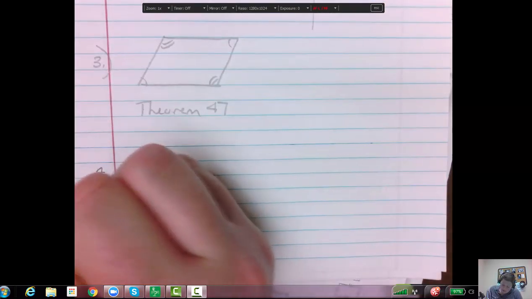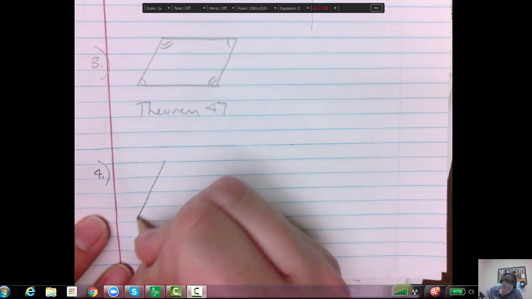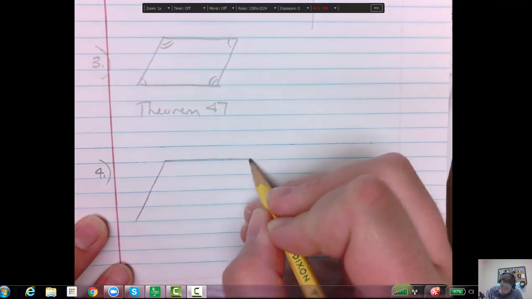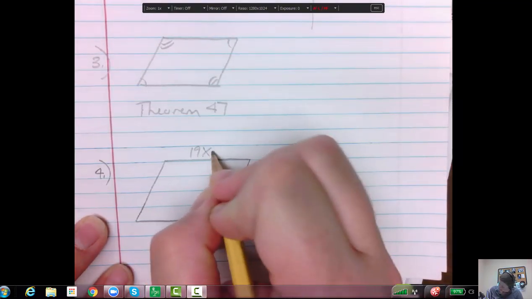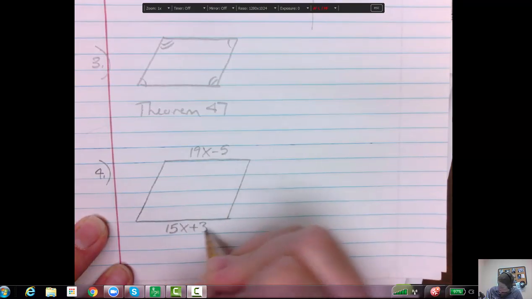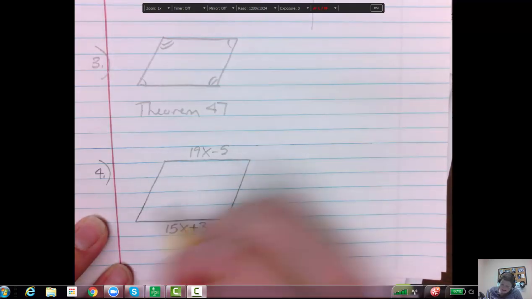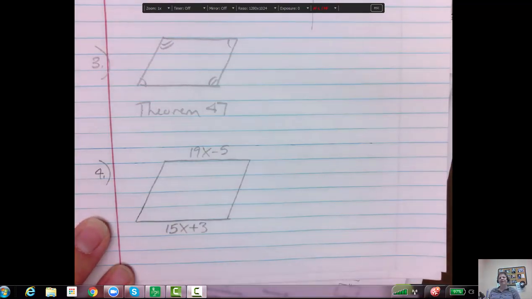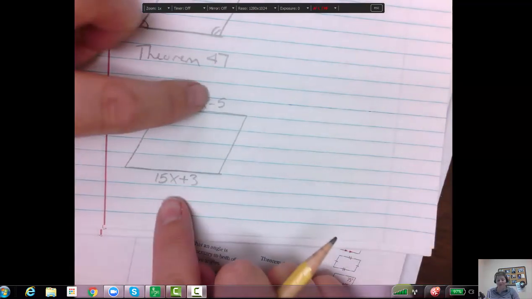You could also be told something like this side is 19x minus 5, and this one's 15x plus 3. What would x have to be in order for this to be a parallelogram? Well, if it's a parallelogram, these have to be congruent.